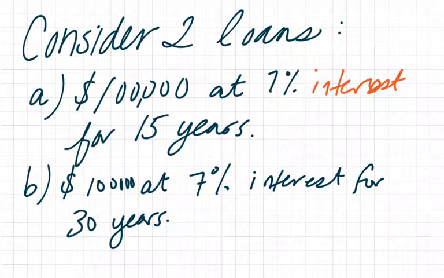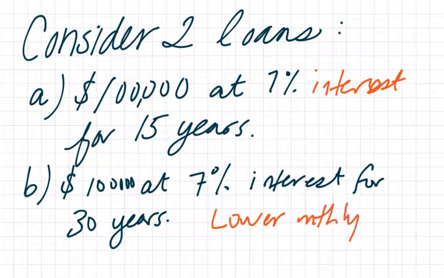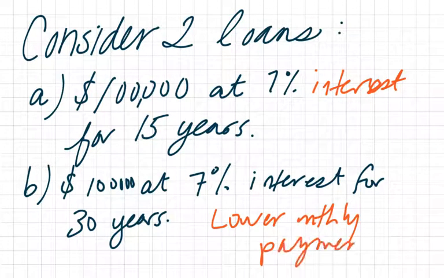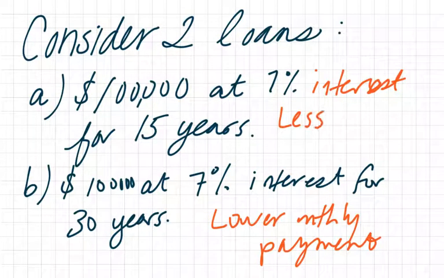Well, the one that has a lower monthly payment will be the longer term loan. So this one would have the lower monthly payment. Which one would have less total interest to be paid overall? That is going to be your shorter term loan. So this one will have less interest paid.